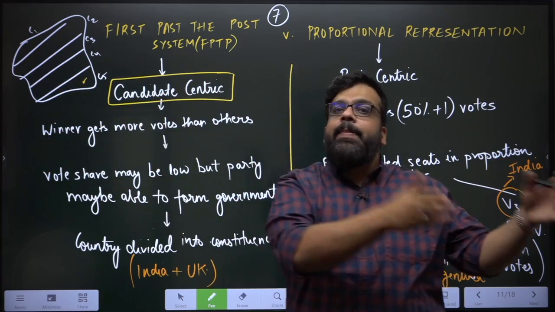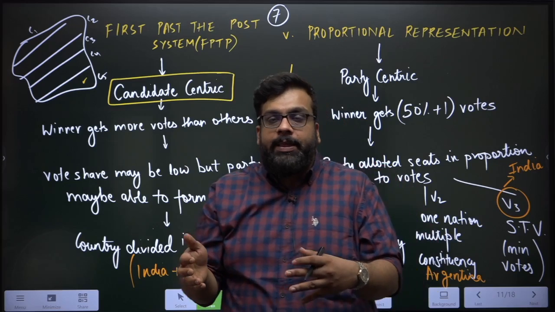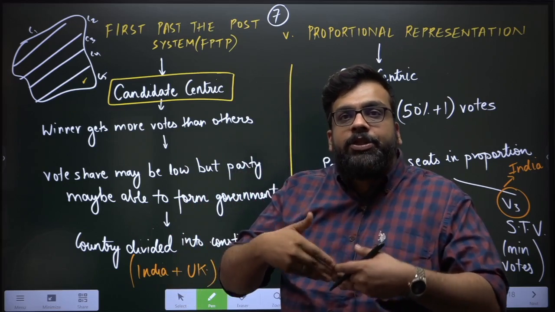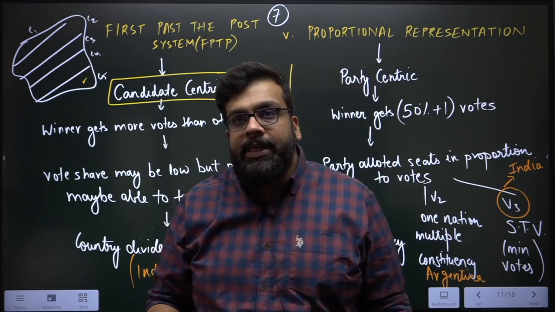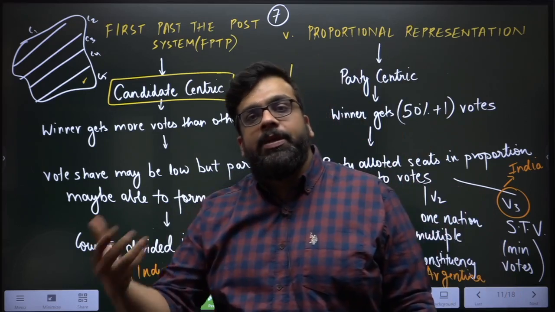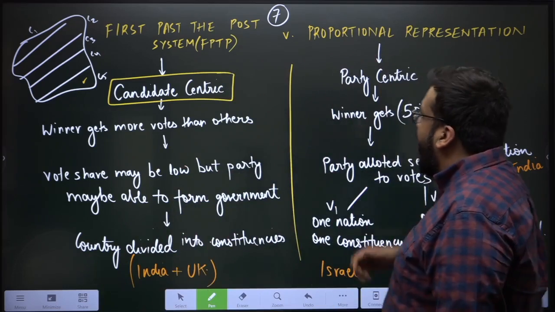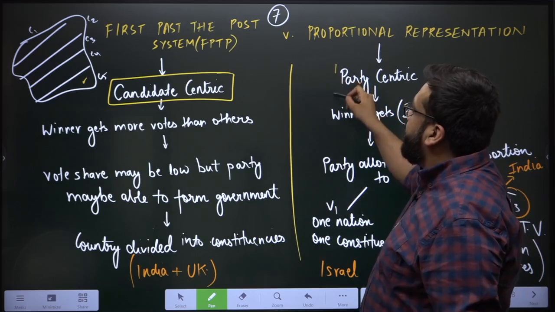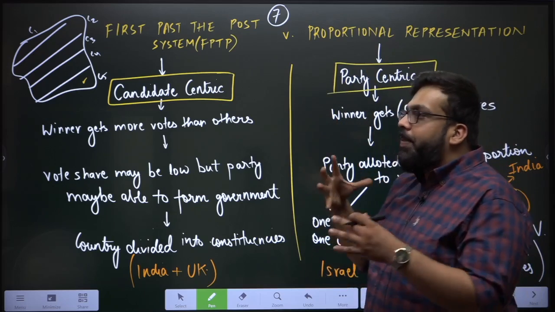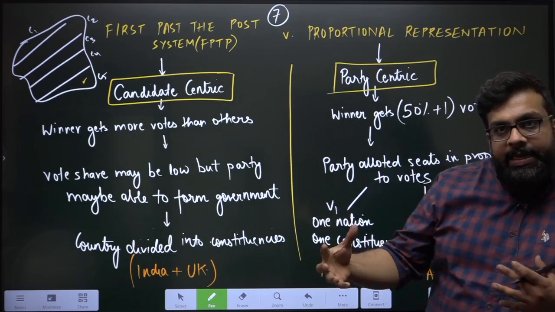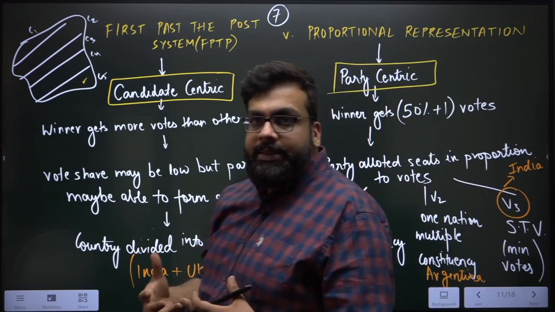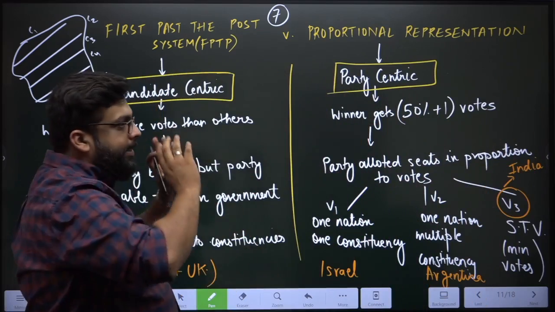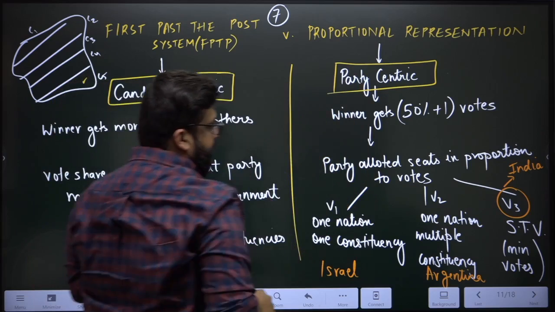That candidate may be backed by a party, may not be backed by a party. But the voters have been given that choice to strike that balance. There is individuality and there is accountability at the same time. However, in proportional representation, theoretically, it is party-centric. The candidates are just mere formalities. The candidates have to theoretically be aligned to the parties.